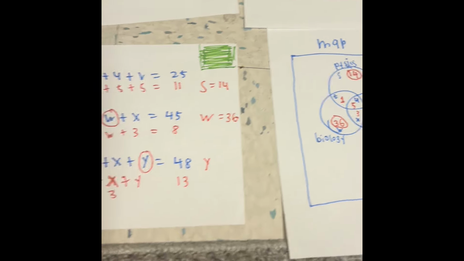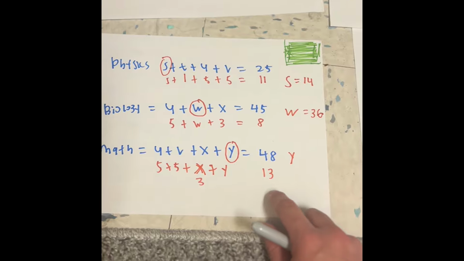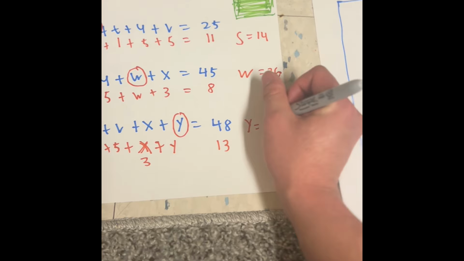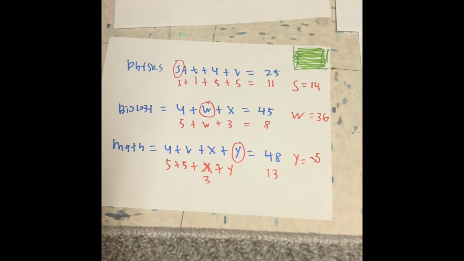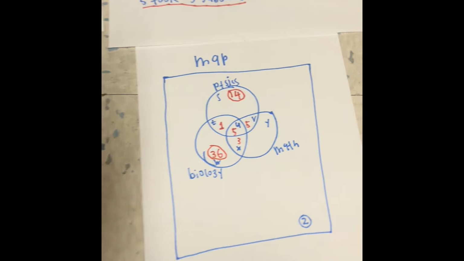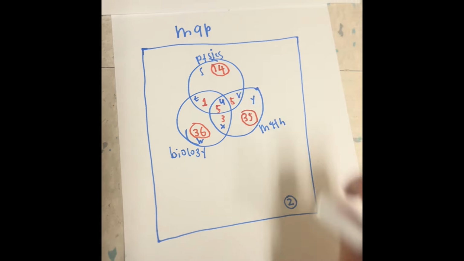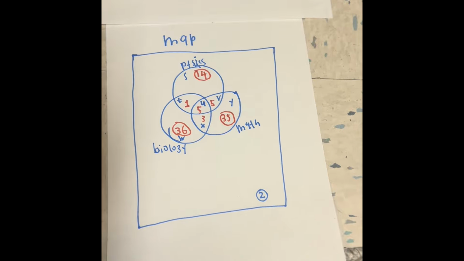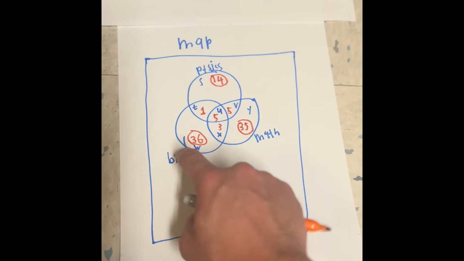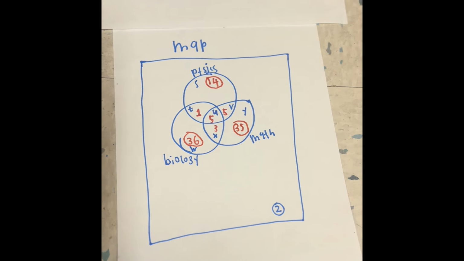And the last problem, mathematics, 48 minus 13, equals 35. So there are only 35 students that took only math in the survey. So we have done it. We have found every piece of information that we needed in our Venn diagram.